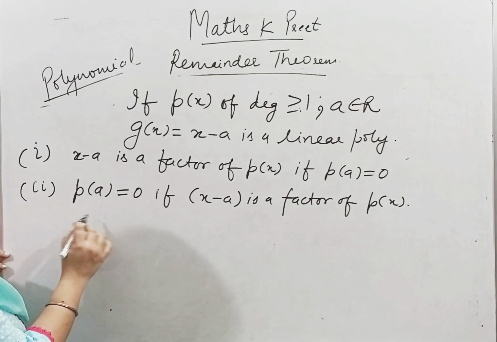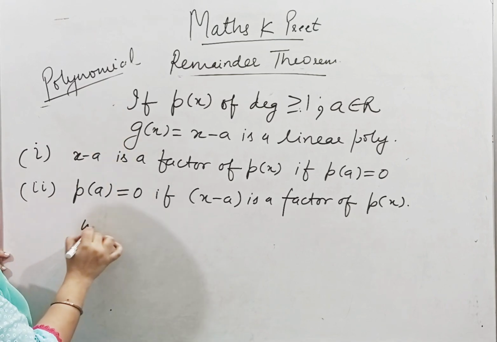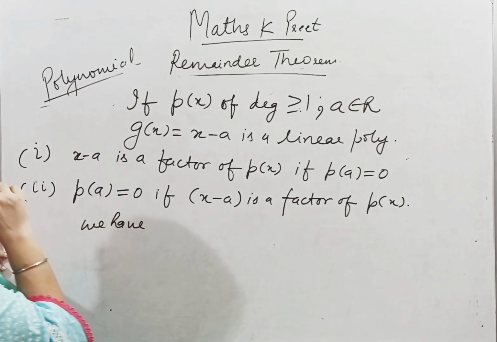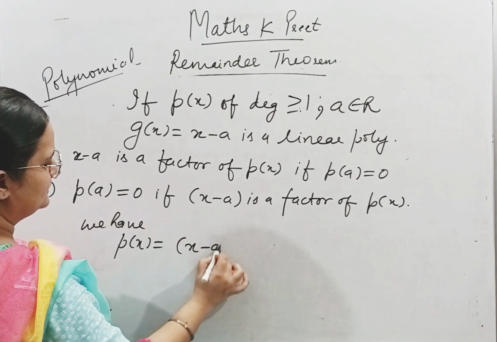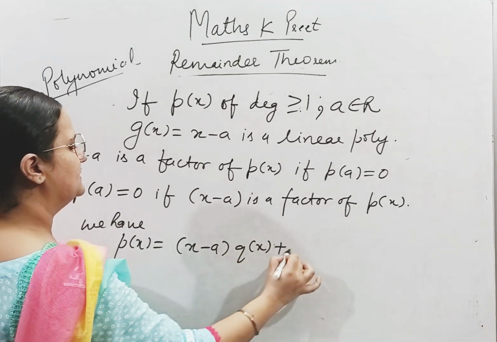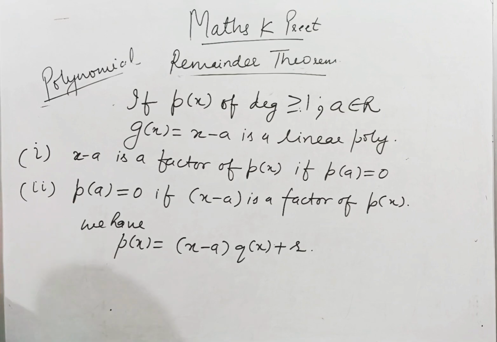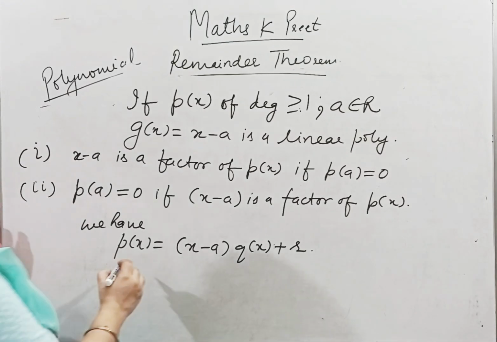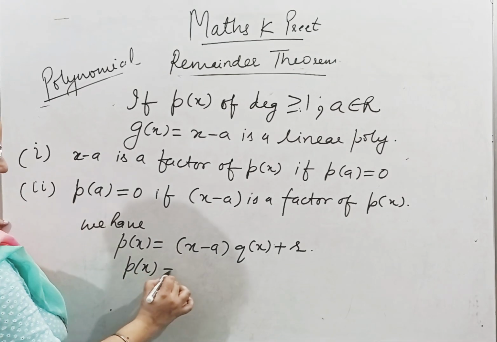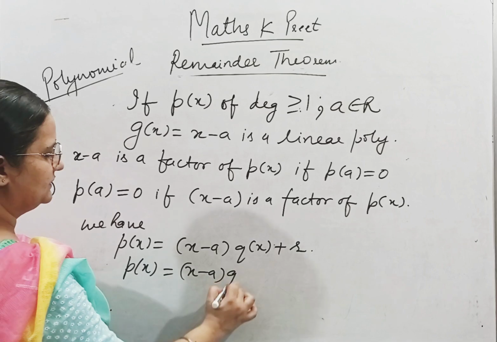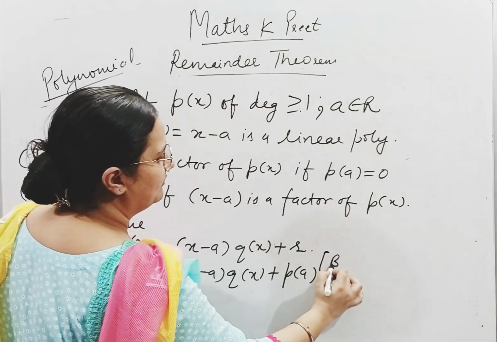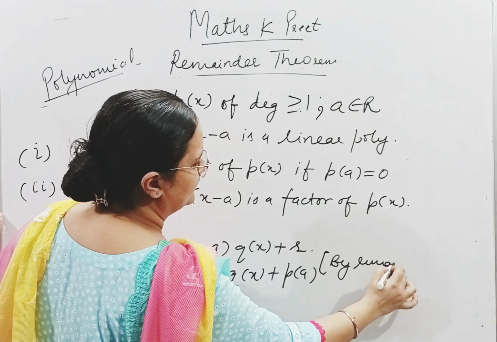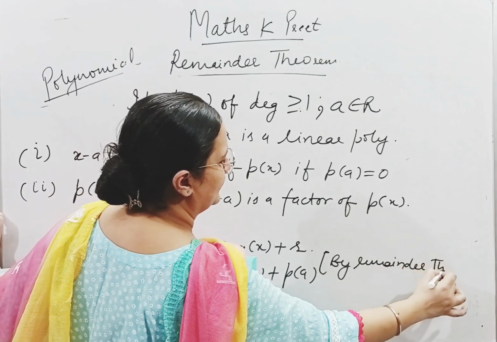So on dividing this by this, we can write p of x, dividend, is equal to divisor into some quotient plus this constant r from the remainder theorem, which is basically p of a. Here we will write by remainder theorem.